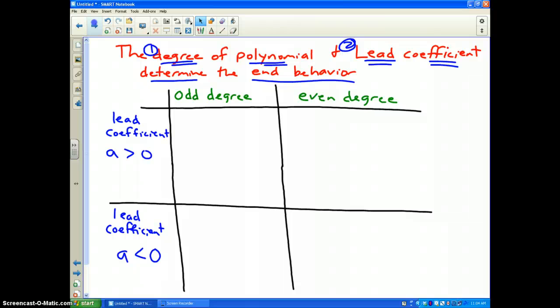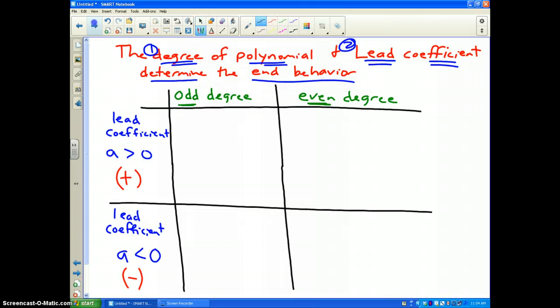So if you want to pause the video and make this chart, we're going to make a chart that has the degrees on top. On the left side is odd degree. On the right side is even degree. And down the columns are going to be the lead coefficient. This is if the lead coefficient is positive. This is if the lead coefficient is negative.